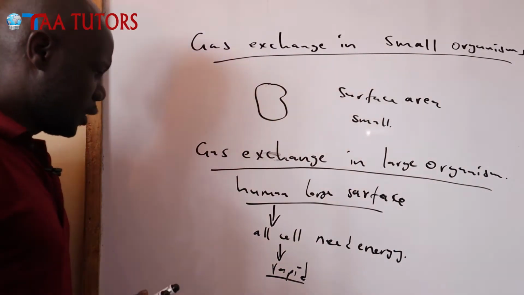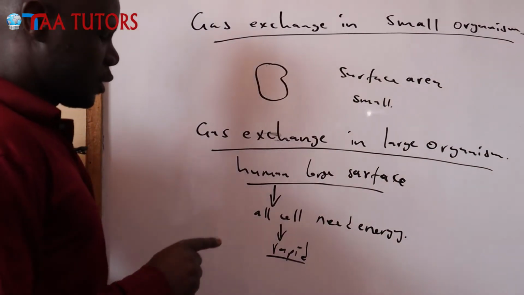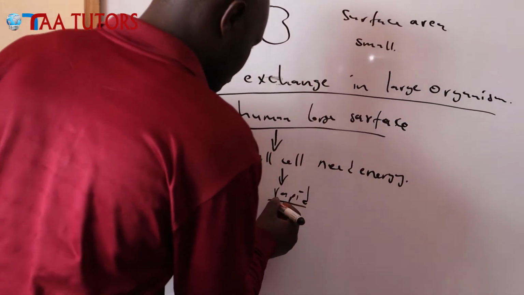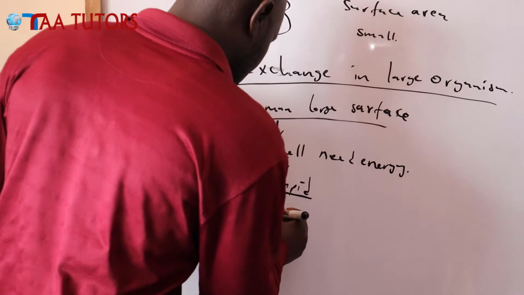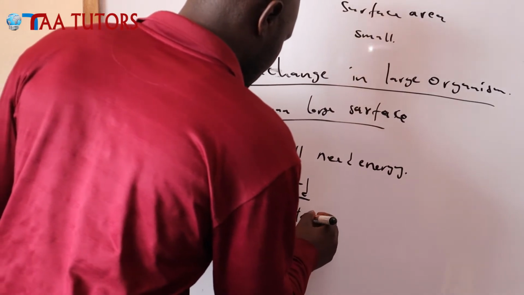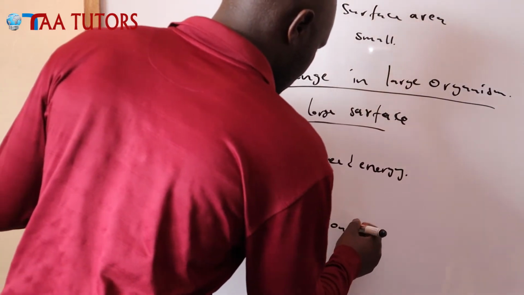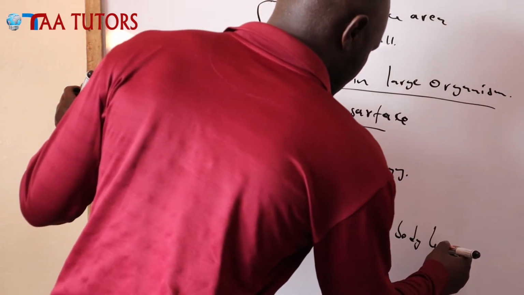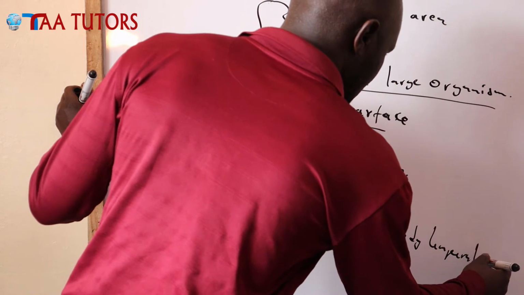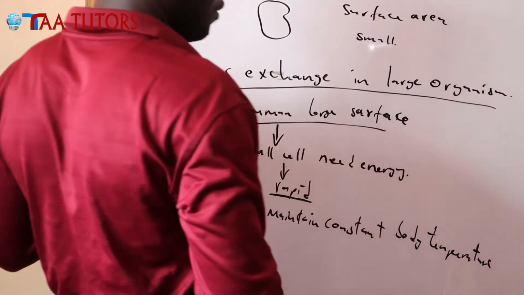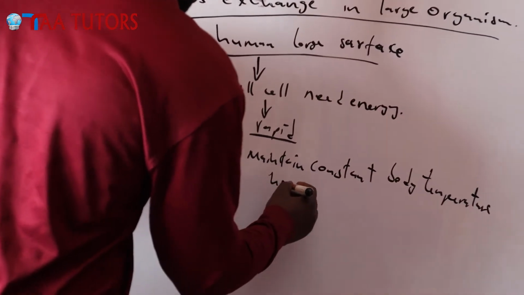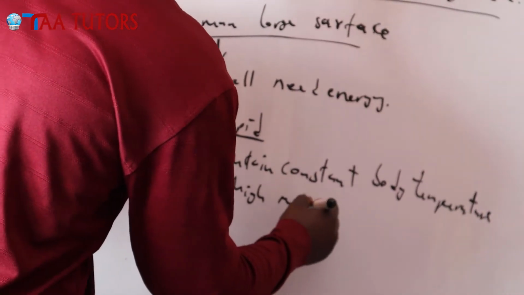Like if we look at mammals and birds, these mammals and birds, they need to maintain constant body temperature. So this means that the rate of respiration in this group of organisms is high. So they have got a high metabolic rate.